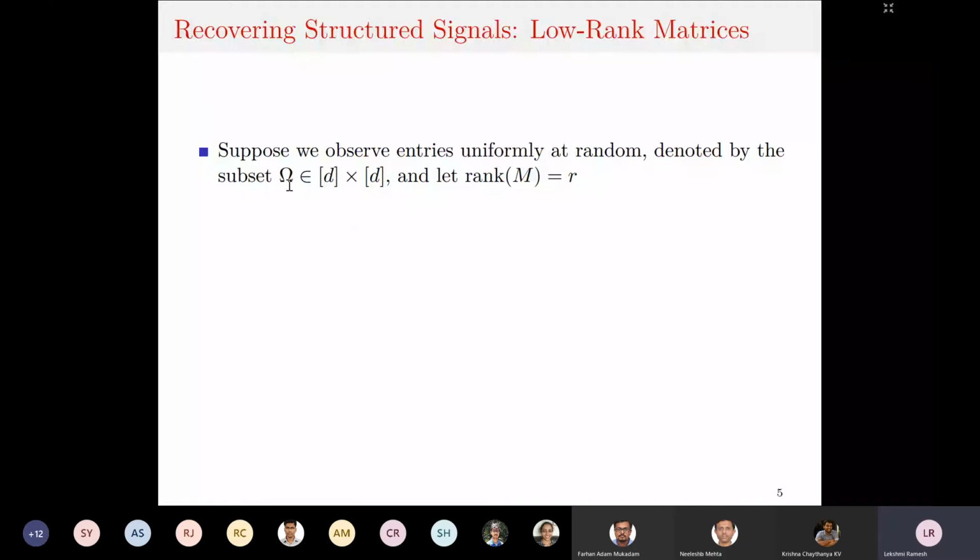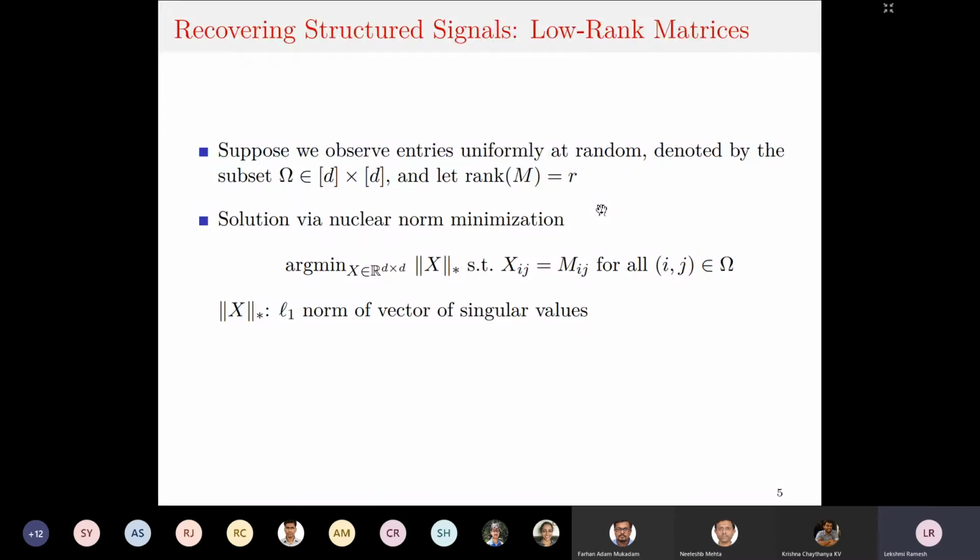And similar to the previous L1 minimization type approach, here also you can set up an optimization problem, which says: find an X that satisfies your observations. So on the set of indices in omega, it has to equal M, and it is the one that has the least nuclear norm.